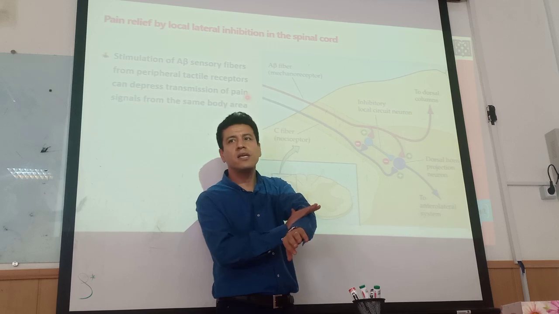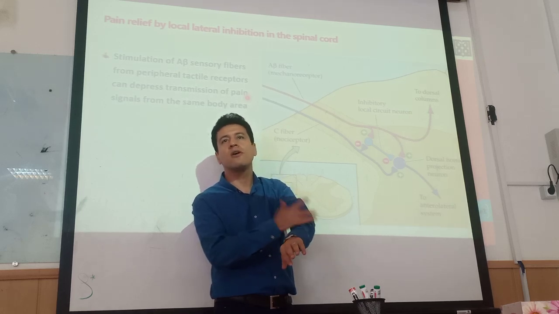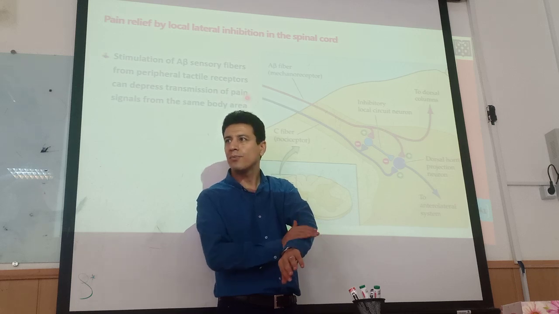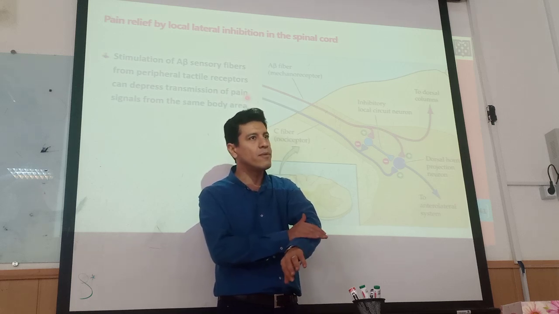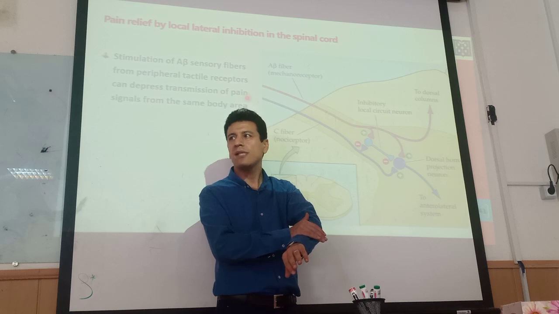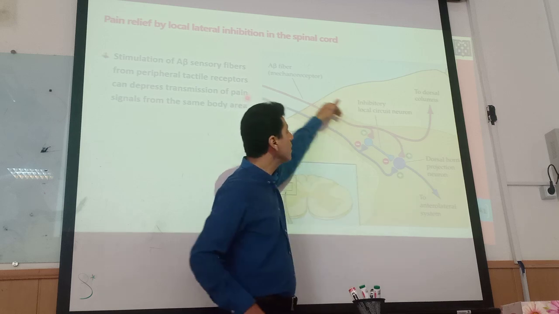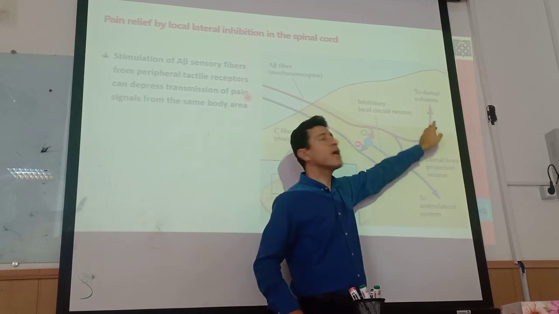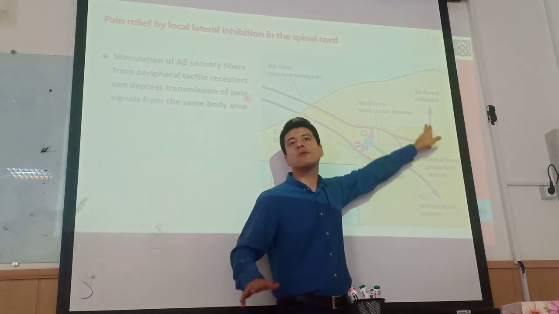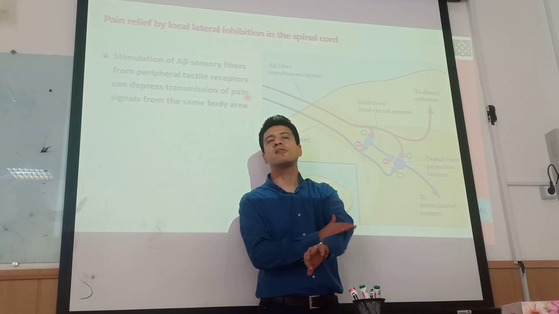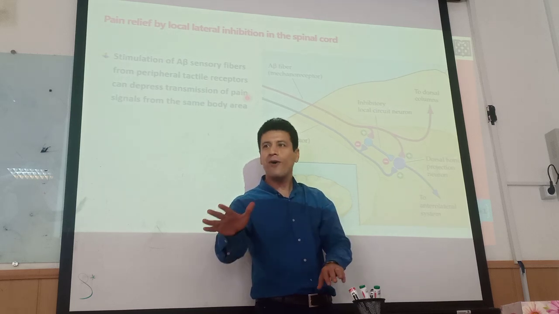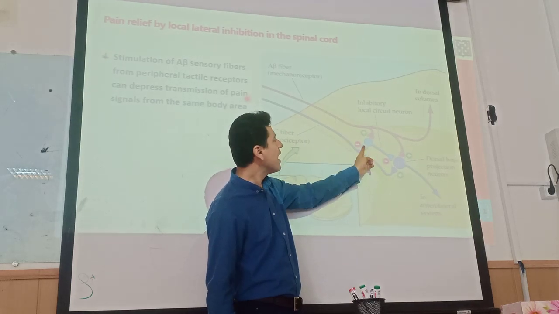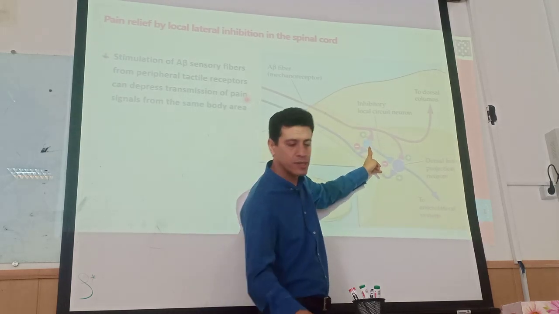When you massage the skin, you are activating A beta fibers. Meissner corpuscle, Merkel, Pacinian corpuscle, Ruffini, and all of them are activated, right? They use A beta fibers. The signals come to the spinal cord. They go upward to the brain through the dorsal column. So the brain becomes aware of this massage. But meanwhile, there are some collaterals that activate some inhibitory interneurons.